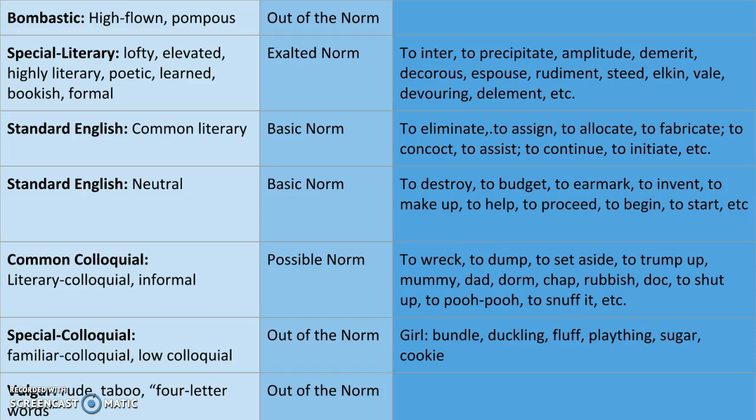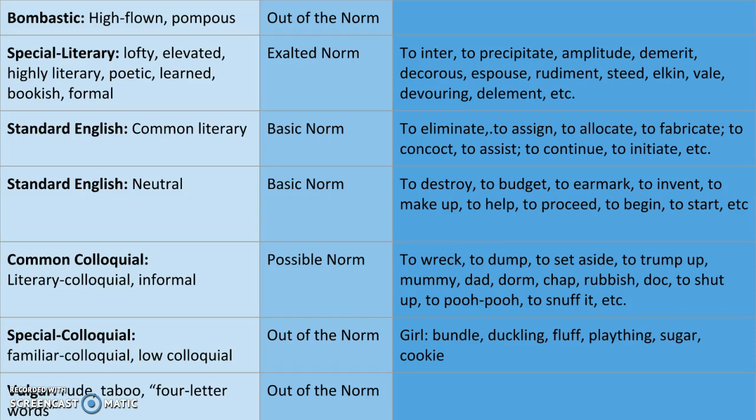And the reason why it's called that is because this is what people who are concerned with education shoot for, especially when they're writing things like theses or books that they want to get published. So, for instance, in this, you would see the language patterns of inter, precipitate, amplitude, demerit, decorus, espouse, rudiment, steed, and so on. All of these are words that not everyone's going to know. It's not common language. It's elevated.